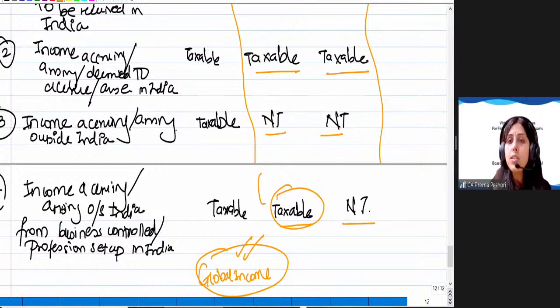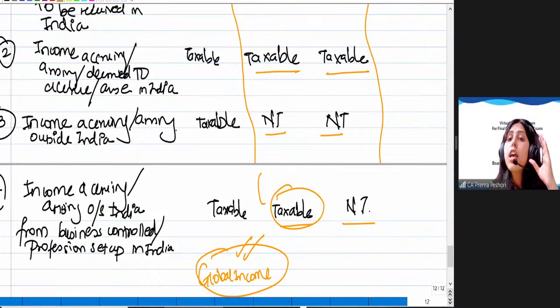Now a person who is becoming resident for the first time in India would certainly have some amount of income and assets outside India because he was staying outside India for a while. He would have bank accounts, so he would be receiving interest income. He would have some other small incomes from deposits, or dividends from shares.